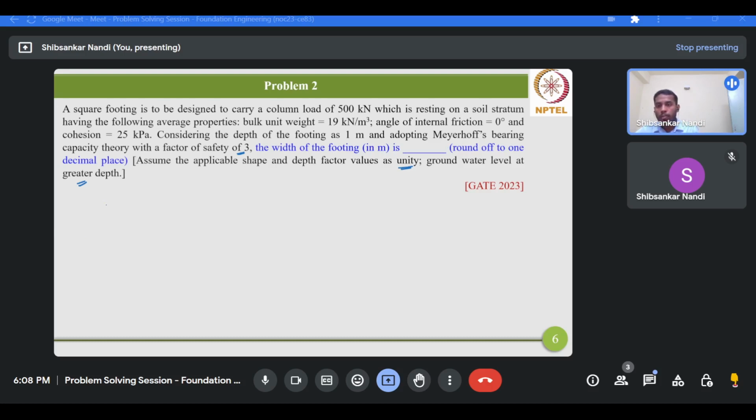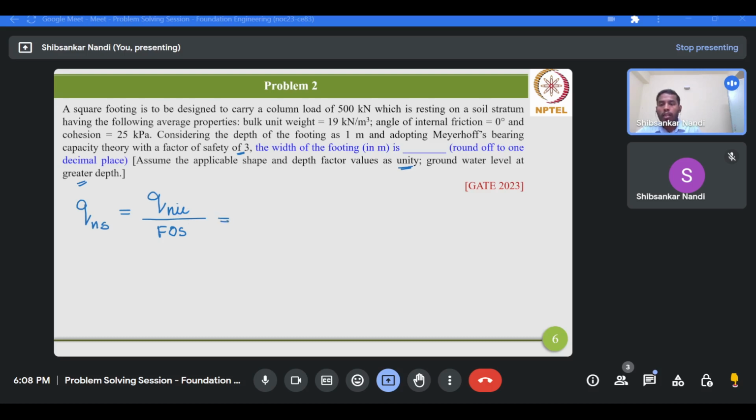First of all, we need to determine the net safe bearing capacity of the footing. How can we determine it? This is nothing but the net ultimate bearing capacity divided by the factor of safety. This will assure you there will be no chance of shear failure.